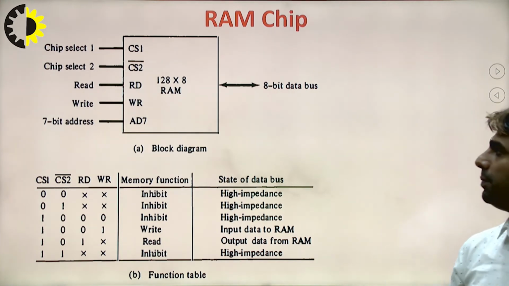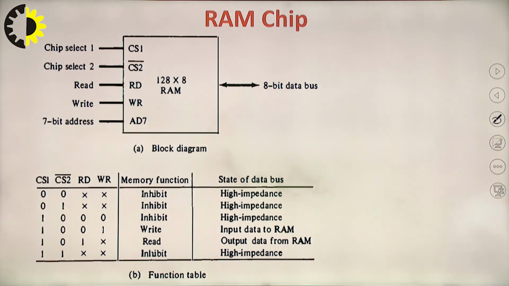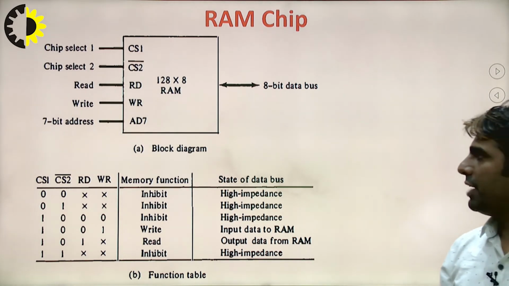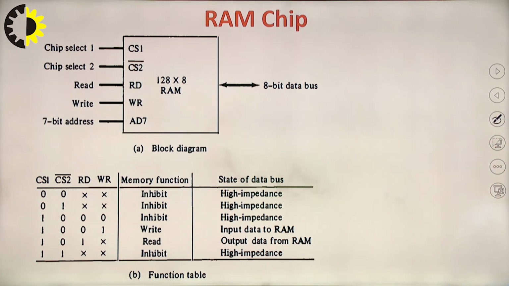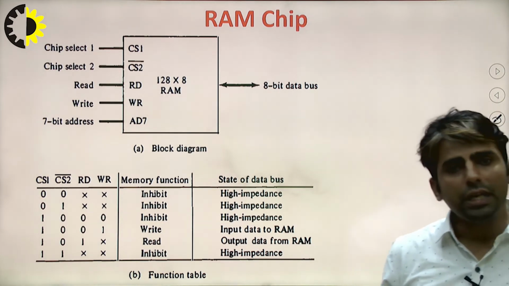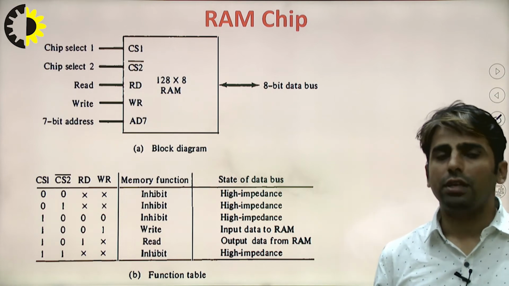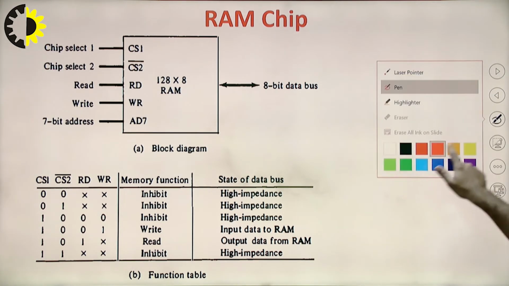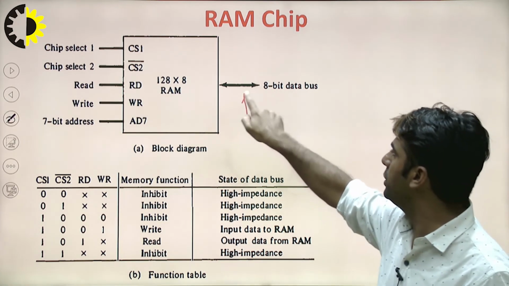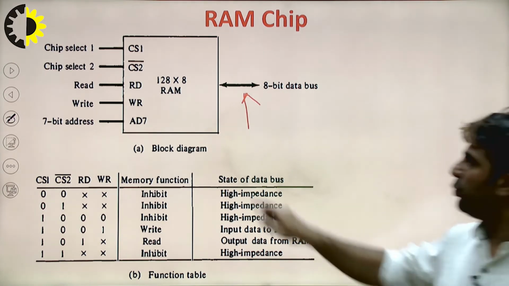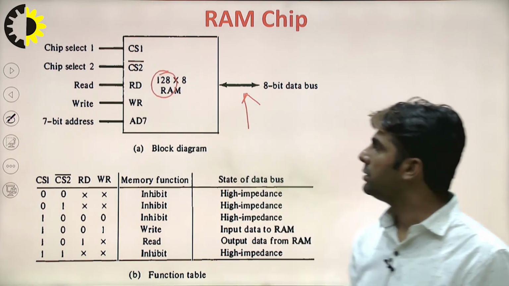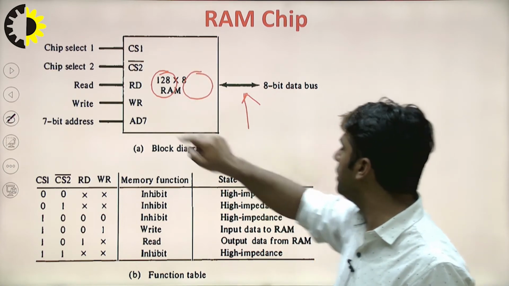As we can see, the RAM chip has CS1, CS2 bar, read, write and AD7 pins available. The size of this memory is 128 x 8. And if you see this bus over here, it is bidirectional.